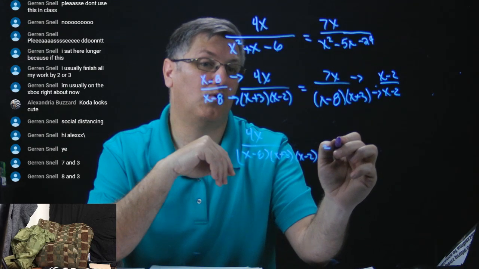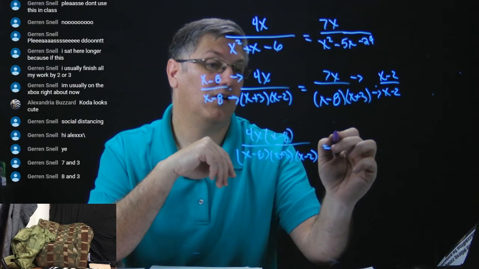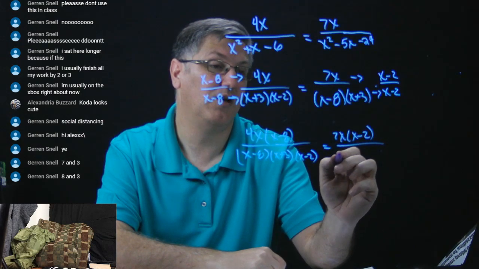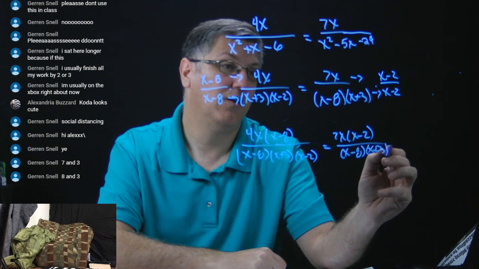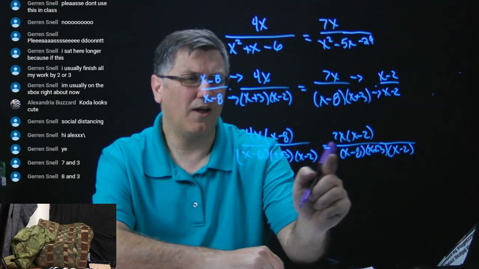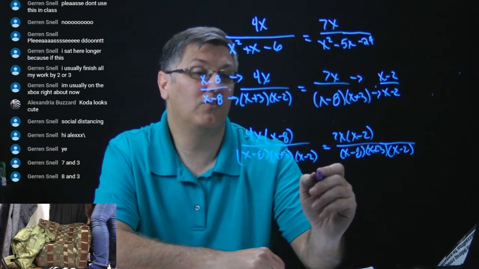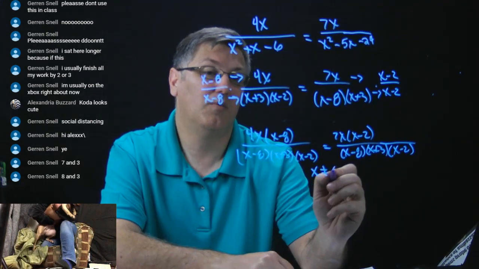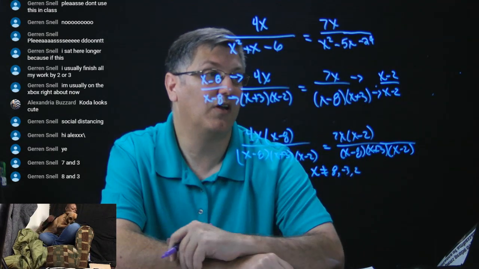And that's going to equal 7x times x minus 2 all over my x minus 8, x plus 3, and x minus 2. So we have a common denominator. At this point, we can actually look at my domain restrictions. x cannot equal 8, negative 3, and 2, because that would make zeros in my denominator.